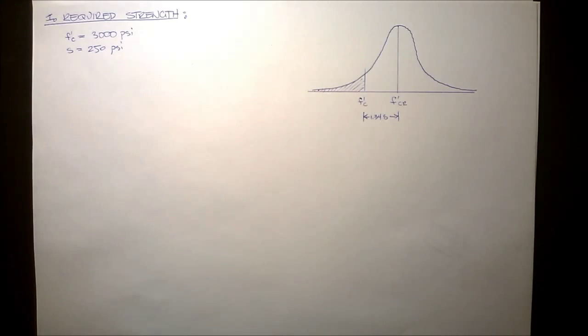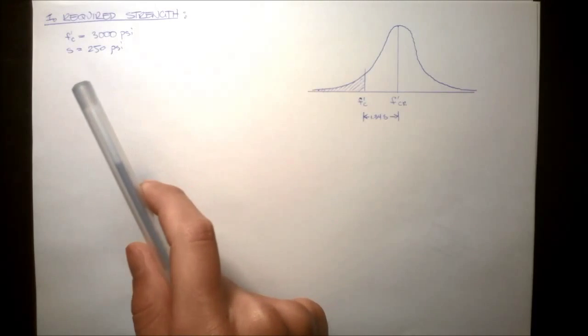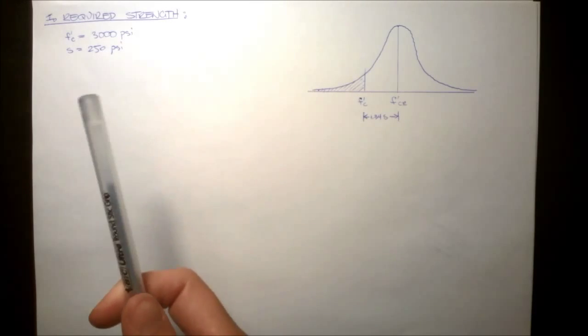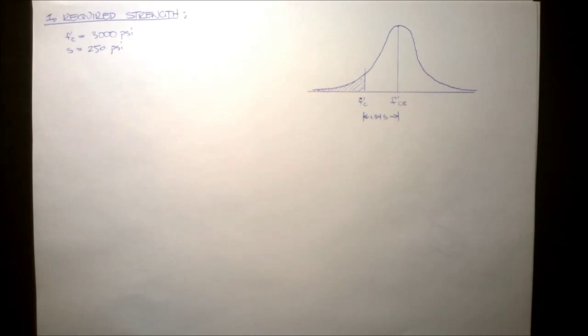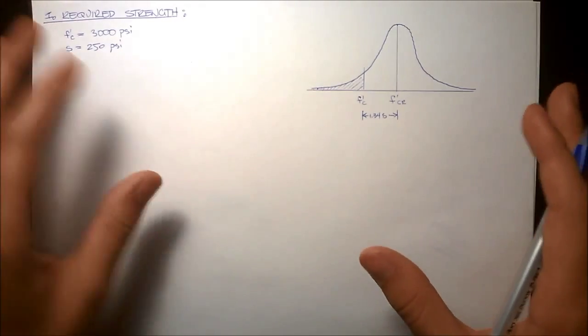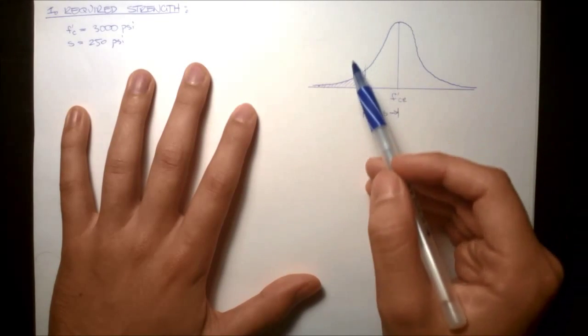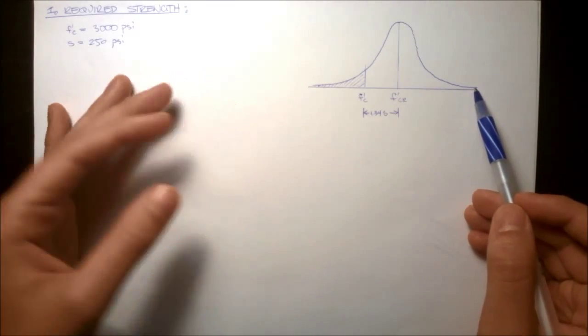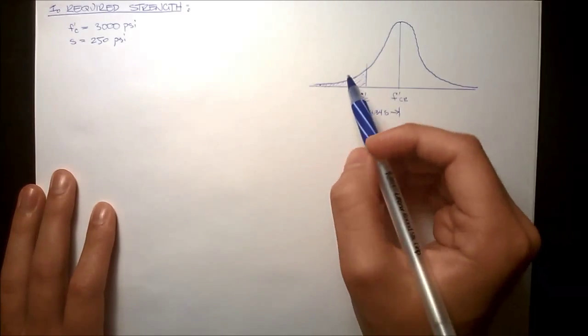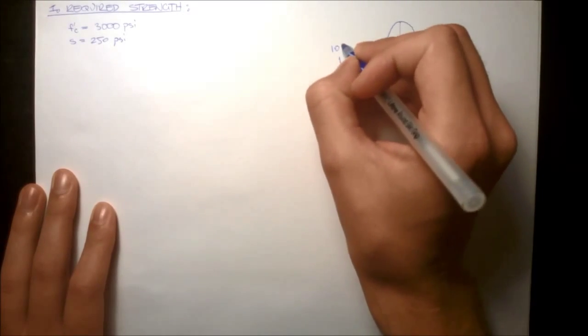All right, so the first step to this problem is to analyze the design requirements or the strength requirements for the mix design. We're given that the required design strength is 3,000 psi and that a standard deviation of 250 psi is expected. But to get the required strength of the mix, we essentially have to look at the statistical data and figure out how to make it so that 90% of the cases will be covered under this mix, and only 10% will be left out.